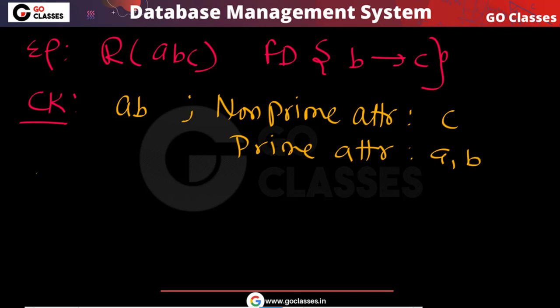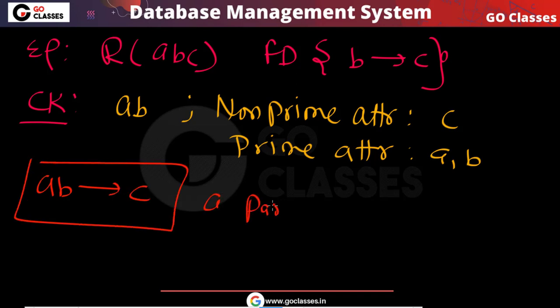We can see that this non-prime attribute C is partially dependent on the candidate key. This is a partial dependency. Remember, this is a candidate key and this is non-prime.